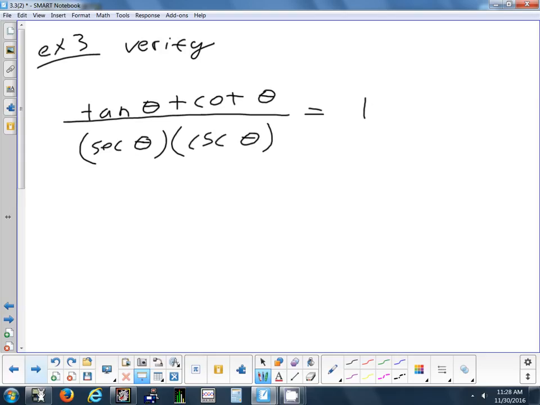All right, so this one: tangent plus cotangent divided by secant times cosecant. Okay, any thoughts what we could try first?